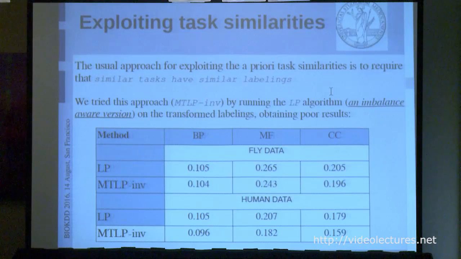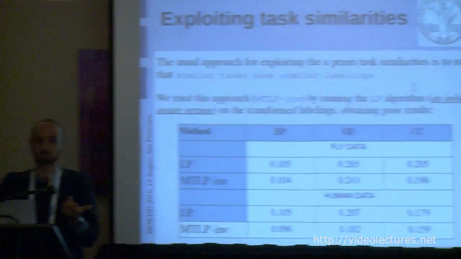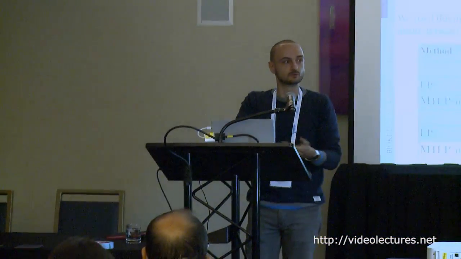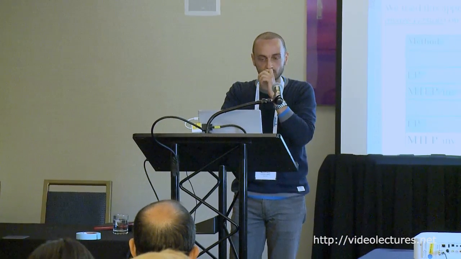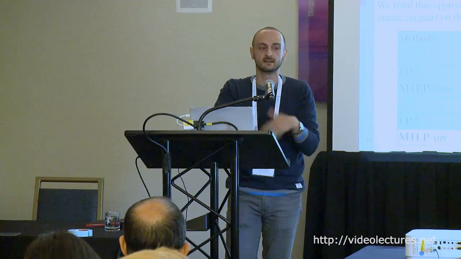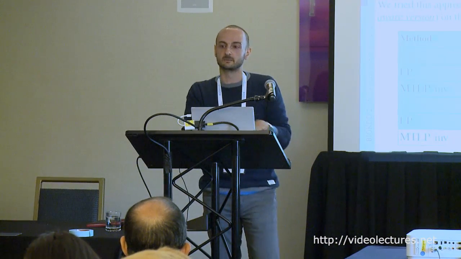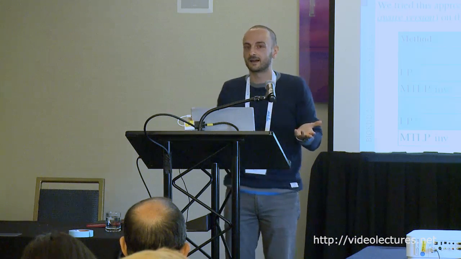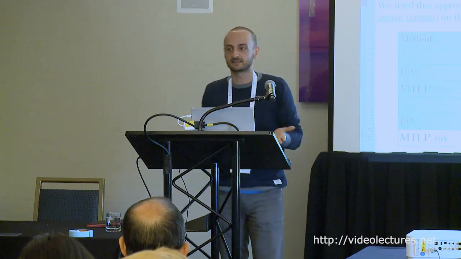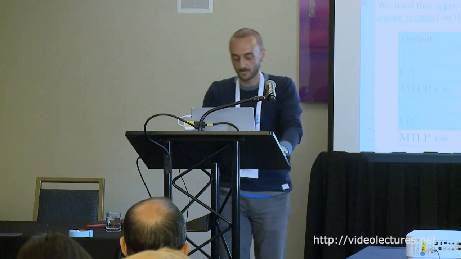So what we did, we tried the complementary approach. I don't know how to define it. Instead of requiring that similar tasks have similar labelings, we require that dissimilar tasks have dissimilar labelings. It seems the same, but it's not the same.